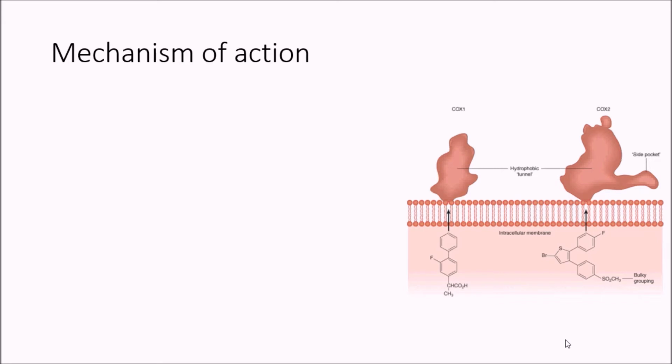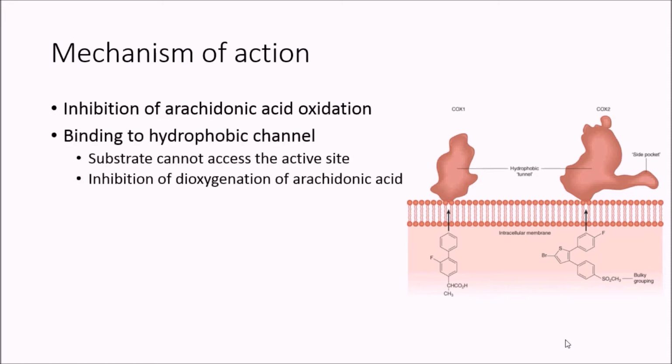The mechanism of action of NSAIDs involves the inhibition of arachidonic acid oxidation, and it begins with the binding to the hydrophobic channel, and with that the substrate cannot access the active site of the enzyme.